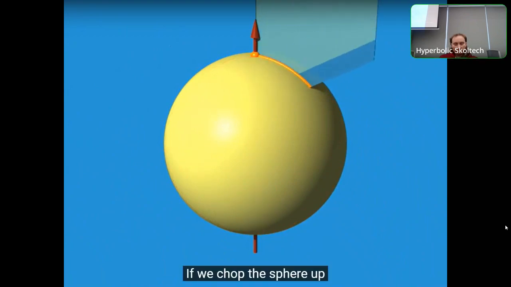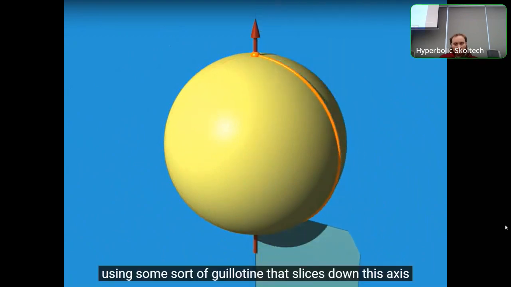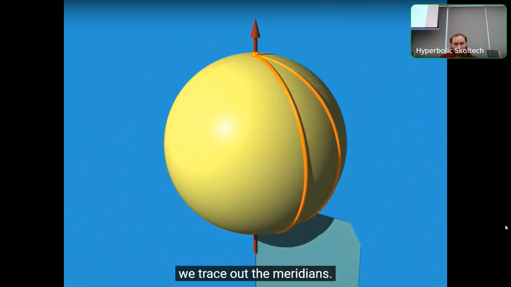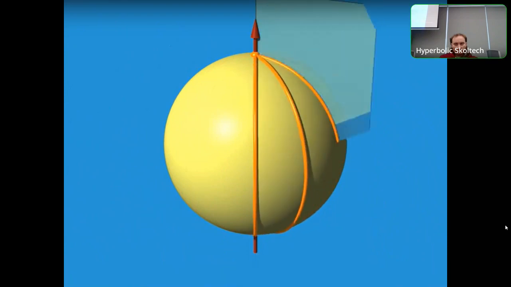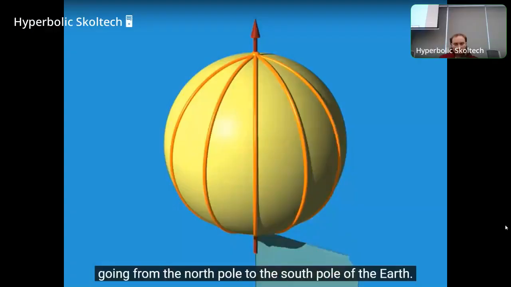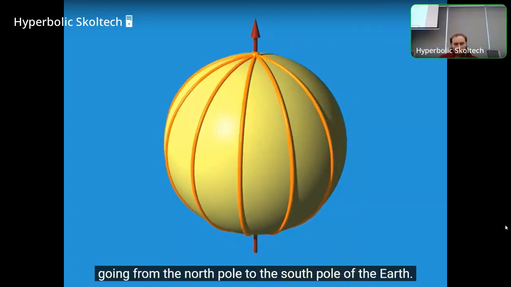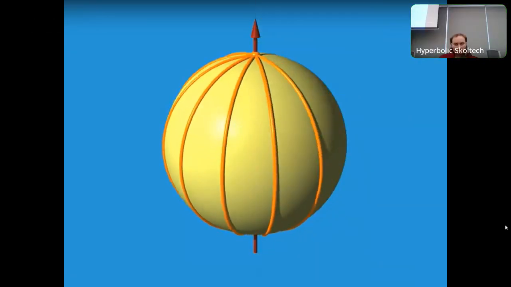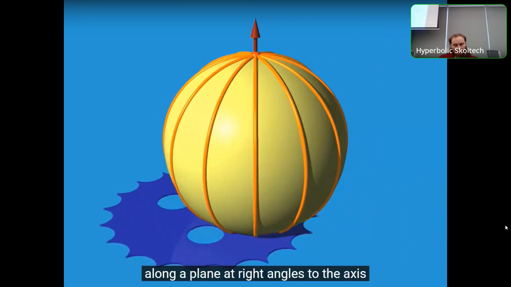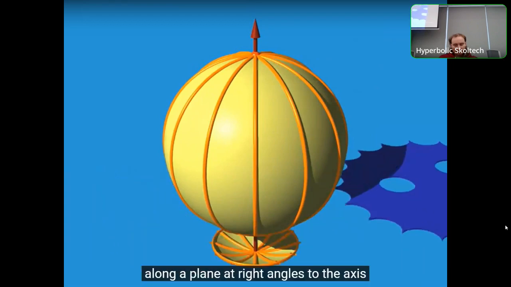If we chop the sphere up using some sort of guillotine that slices down this axis, we trace out the meridians. These are half circles going from the North Pole to the South Pole of the Earth. And now let's slice the sphere along planes at right angles to the axis.